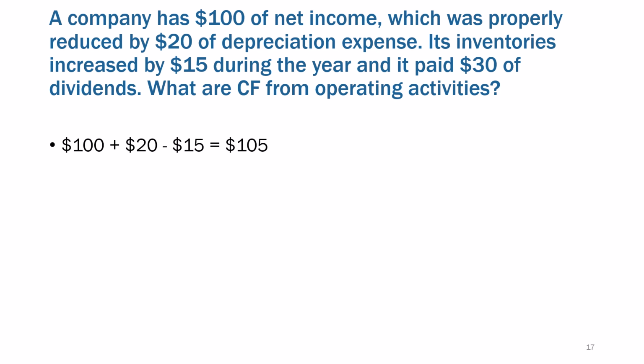Inventory is increased, and an increase in a current asset is a decrease on the statement of cash flows. So that's by that $15. And then the dividend payment, that'll decrease cash, but it'll be in the financing activity section, not the operating activity section. So 105 is where we'll end up. We ignore the 30 because it's just operating activities here.